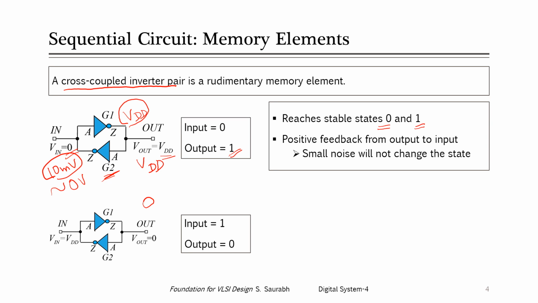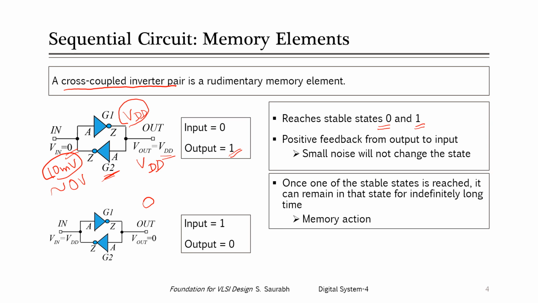And once one of the stable states is reached, it can remain in that state for an indefinitely long time, and therefore this is a kind of memory action. So once it reaches the state 0 1 or 1 0, even if we remove the input, or the input has some noise, the cross-coupled inverter pair will remain in that state.